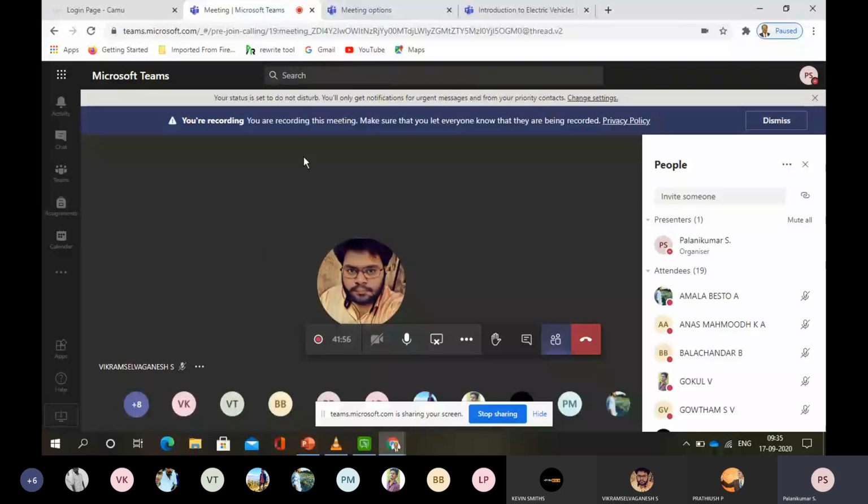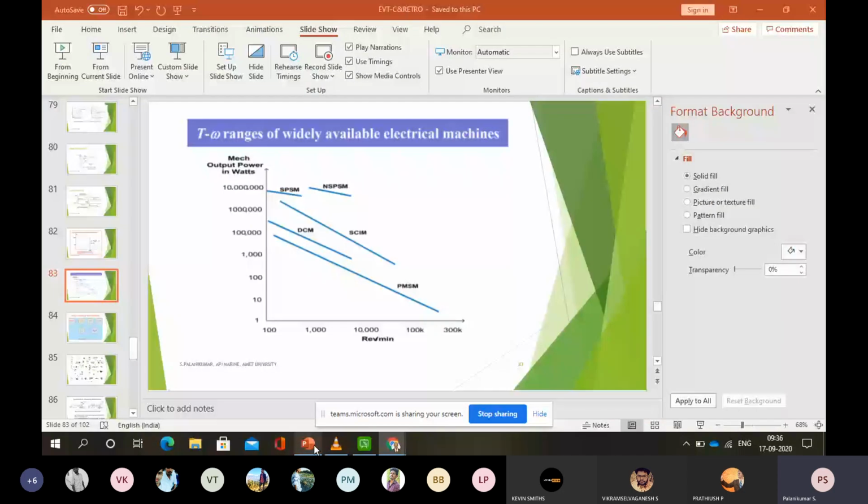In order to justify that only, we covered this. So there is no need for constructional details and circuit configuration. What is the classification of motor, what are its characteristics, and how will you identify the suitability of the machine for electrical vehicle application? That is enough. So next we are going to see.